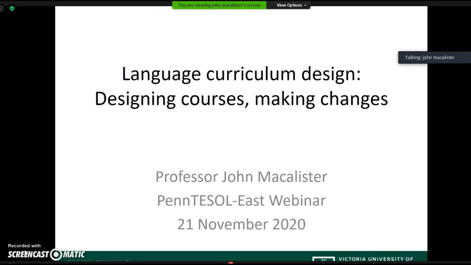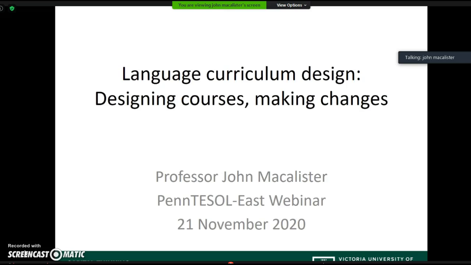Curriculum design, designing courses, making changes. And I've chosen this topic because understanding language curriculum design is just as important for every individual language teacher as it is for someone working in a ministry or a department, working at a provincial or state or national level.